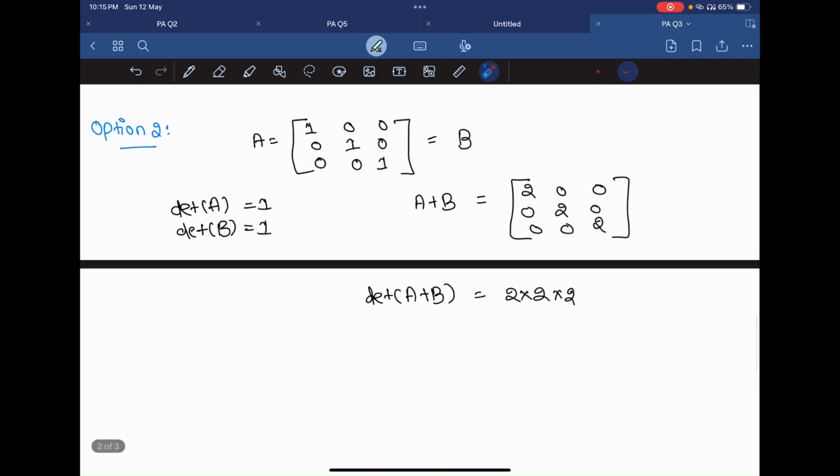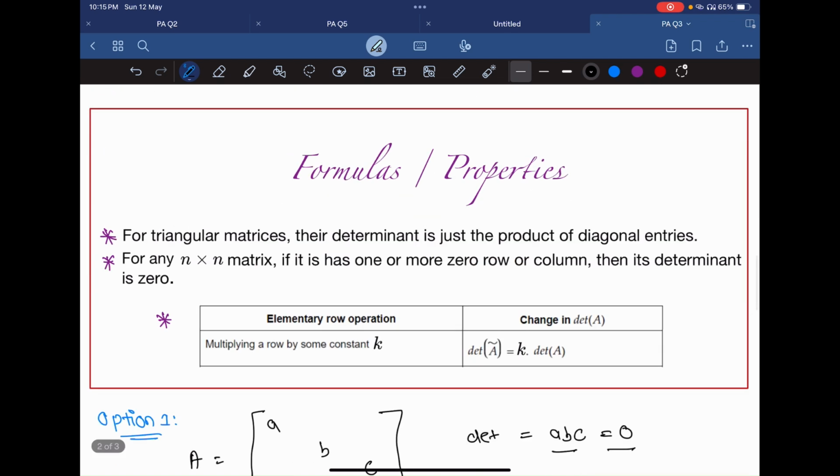We are again using this fact to calculate the determinant of this matrix. So its determinant would be 8, which is not equal to determinant of A plus determinant of B, as determinant of A plus determinant of B is 2. So this option would be false.